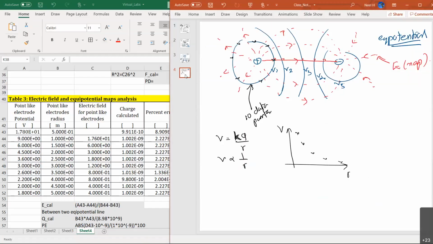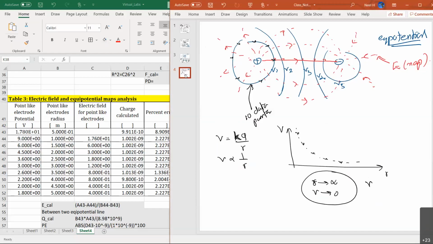If you do a trend line fitting this data, that should show you an exponentially decaying curve. The idea is that if R goes to infinity, then the potential reaches 0. That's the idea.